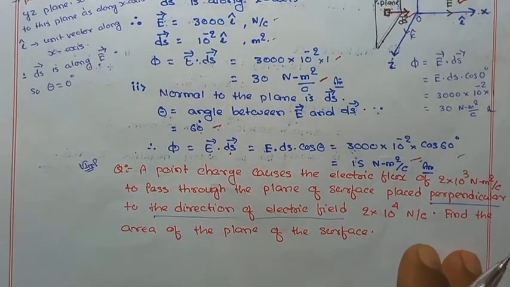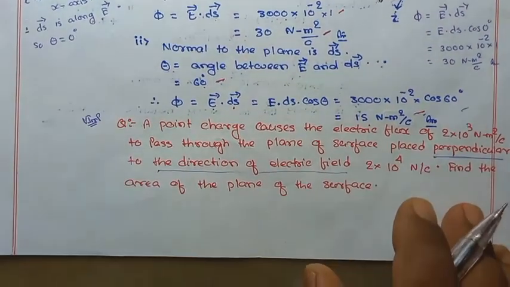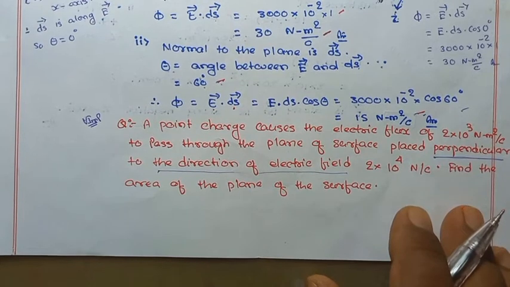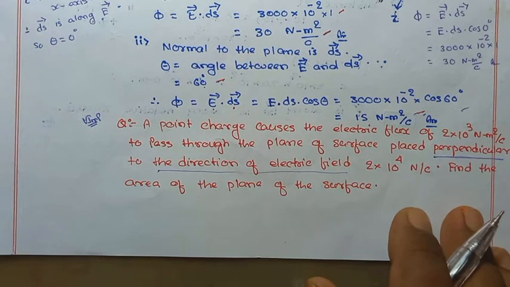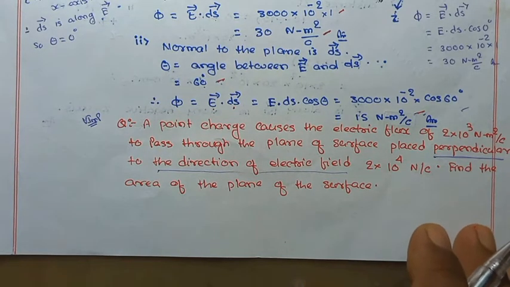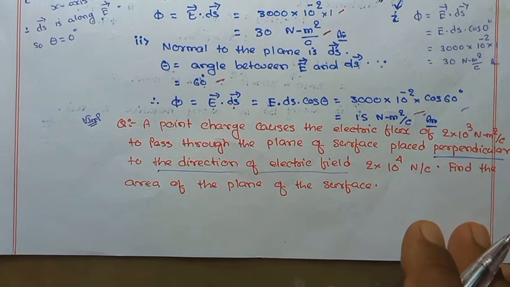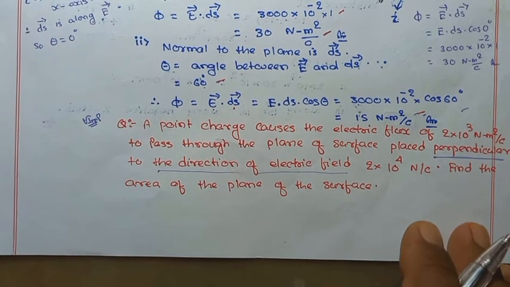It is also a very important question. A point charge causes electric flux of 2 into 10 to the power 3 Newton meter square per coulomb to pass through a plane surface placed perpendicular to the direction of electric field 2 into 10 to the power 4 Newton per coulomb. Find the area of the plane of the surface.